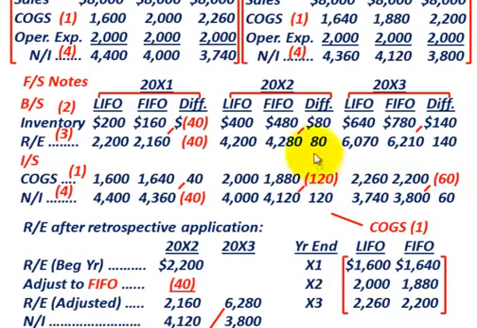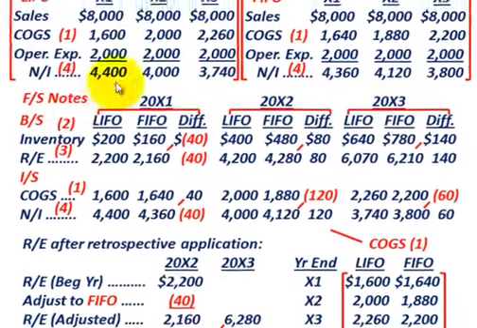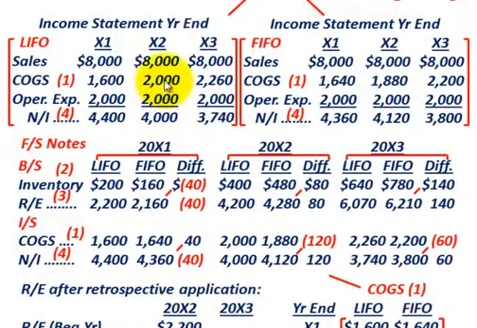Okay, so this is what you have to show here. You have to determine what your income statement for each of those 3 years for LIFO would have been, but then we have to restate our income statement based on FIFO, and what would change with FIFO. And we have to know what our inventory costs were, our cost of goods sold, and also our LIFO retained earnings.